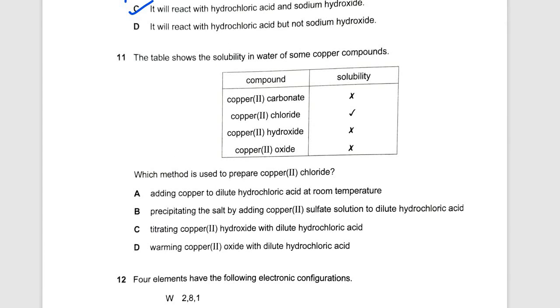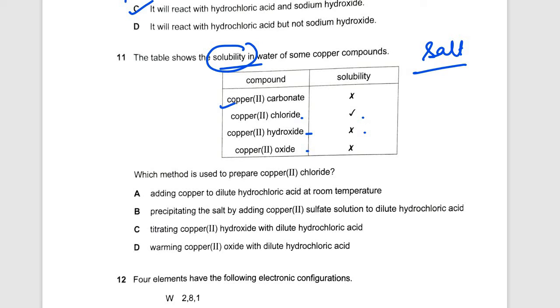Question 11, they will ask about solubility in water. Very common question, from the salt chapter. Whenever you make a salt, you should know whether the salt you are making is soluble or not. Make a list of that and fix it near your table. Copper carbonate is not soluble, copper chloride yes, copper hydroxide not.